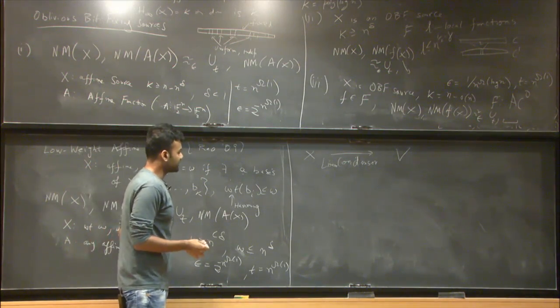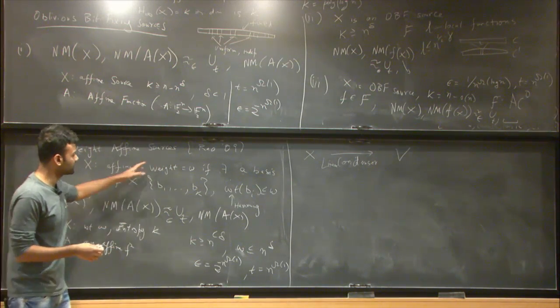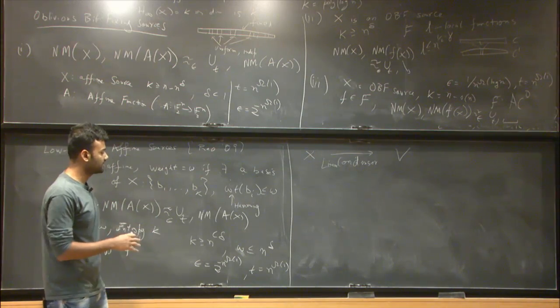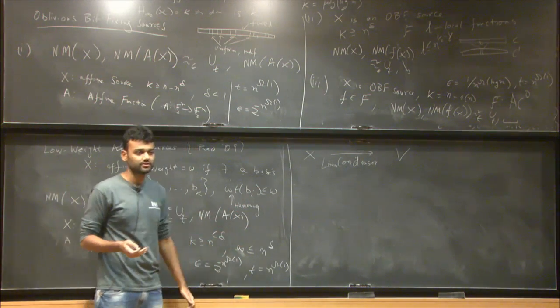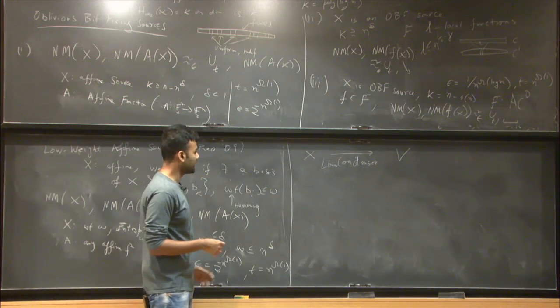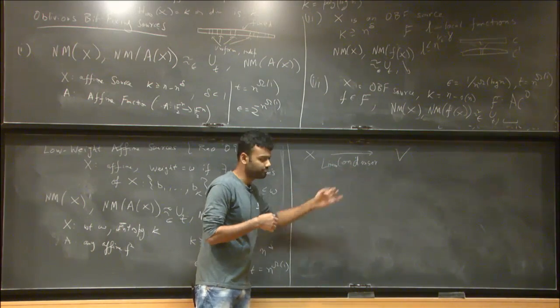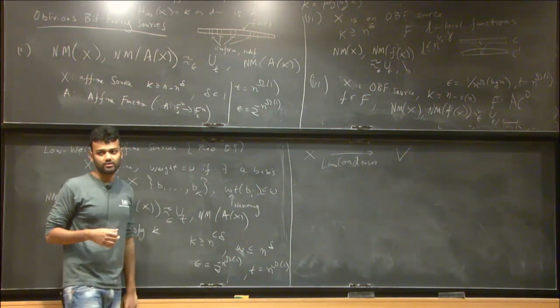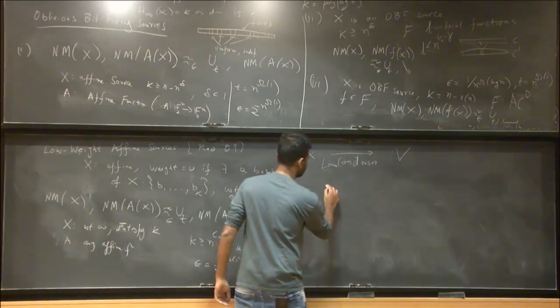It turns out that for low weight affine sources, Anup constructed a linear condenser. By linear, it means it's a linear function of the source. The linear condenser is just the parity check matrix of a good code. And it's not hard to see.